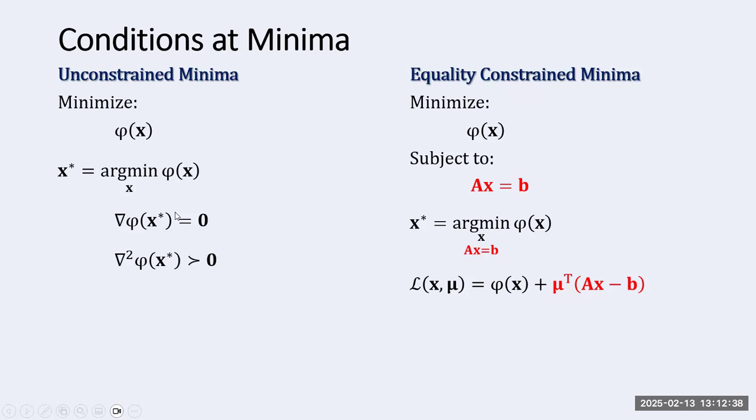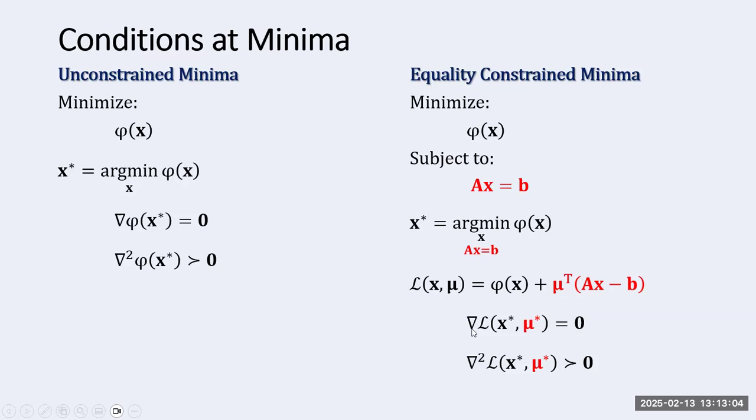And similar to these conditions, this is the first order necessary condition for the minimum, and this is the second order sufficient condition for the minimum. So we apply something very similar to this, but instead of just the objective function phi of x, now we have the Lagrangian.